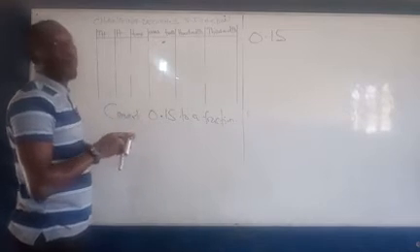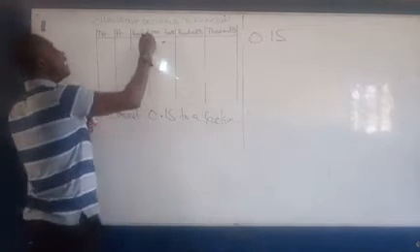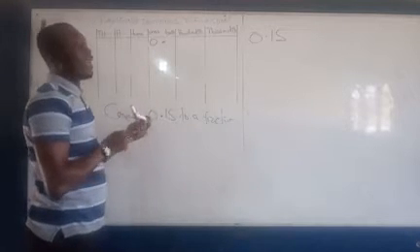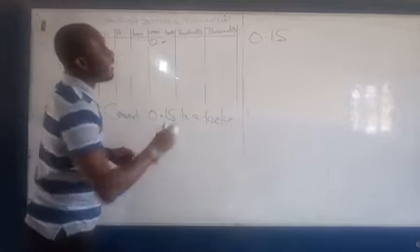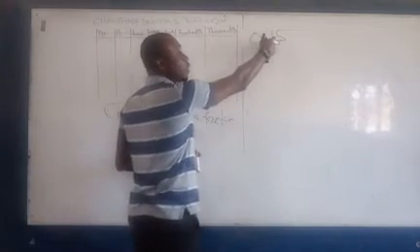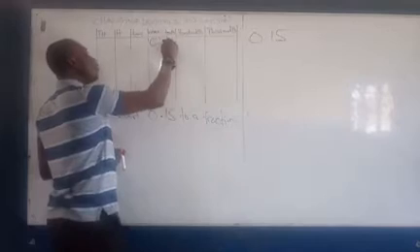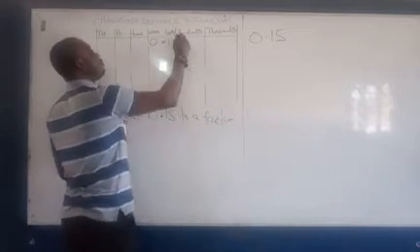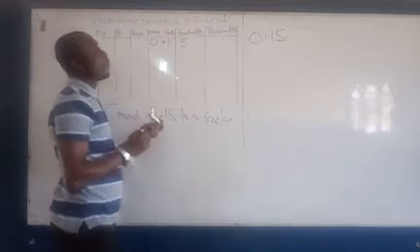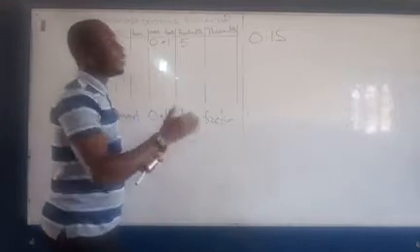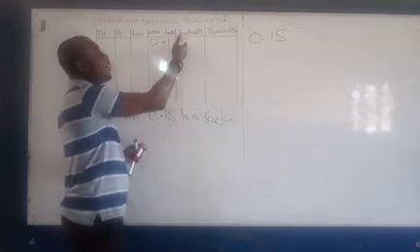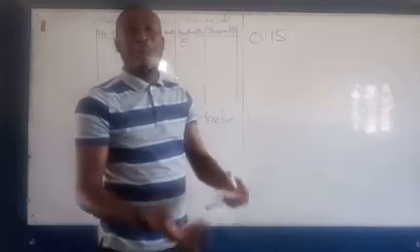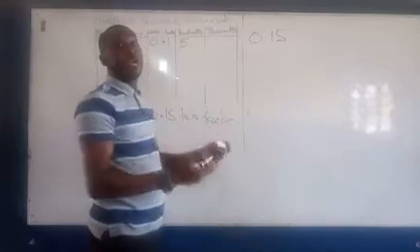The 0 will move to the left hand side and it will be at the 1's column, so 0. Then after 0, after the point, we have the next number to be 1, so 1. After 1, the next number is 5. So then again, the last number is 5, and the 5 ended at the 100th column. You must always check where the number will end, and our 5 ends at the 100th column.